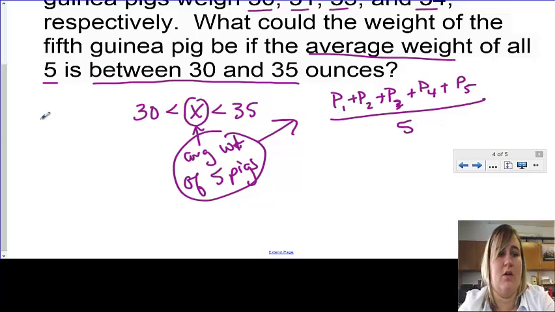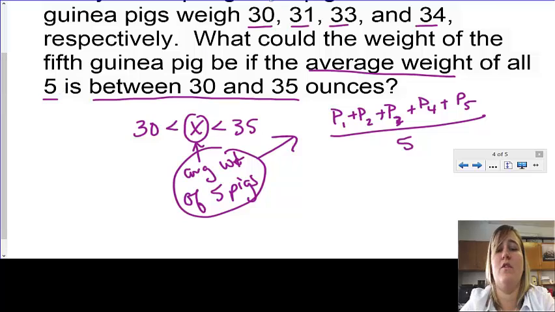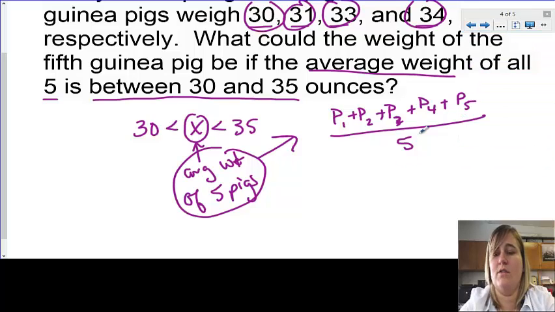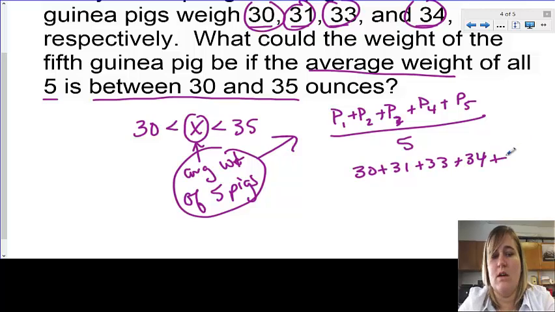I hope that you all agree with that. Well, I know what the first 4 weigh, so I'm just going to plug those in for here. So I have that 30 plus 31 plus 33 plus 34 plus the 5th pig is divided by 5. Okay, is going to get me my x here.